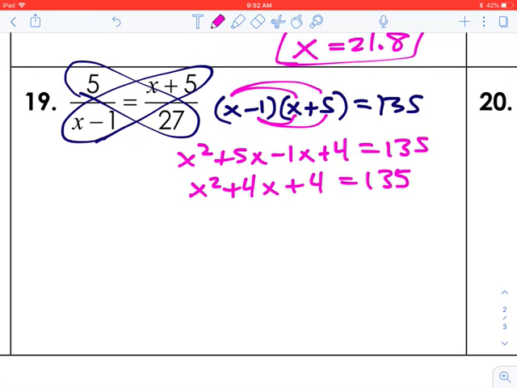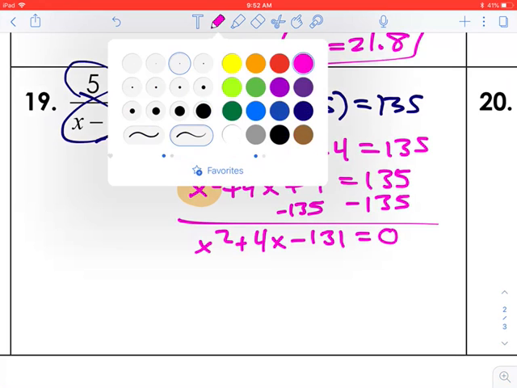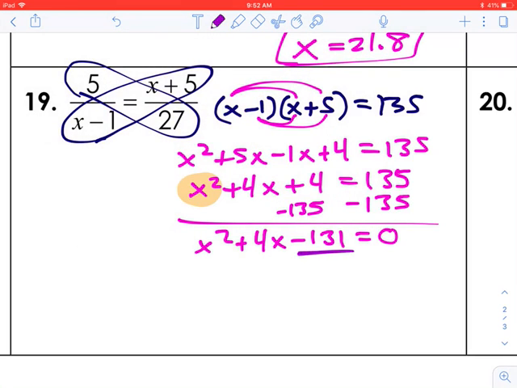Now, to do this, I need to make sure to have everything equal to 0. If you have x squared involved, ever, you need to make sure it's equal to 0. So x squared plus 4x minus 131 equals 0. In this case, I need to figure out what two factors of negative 131 give us 4.